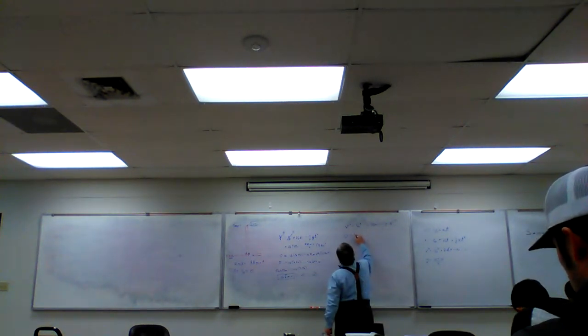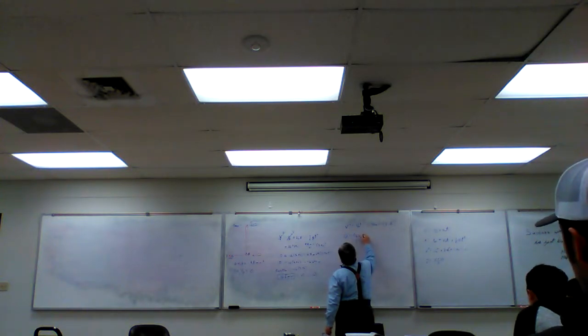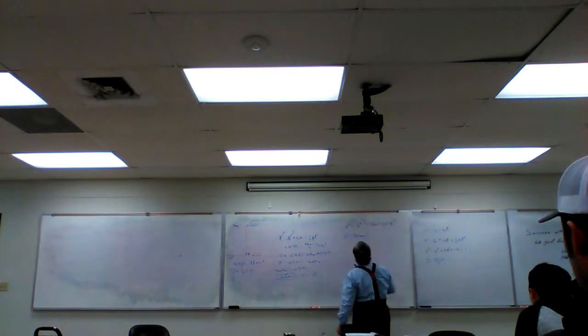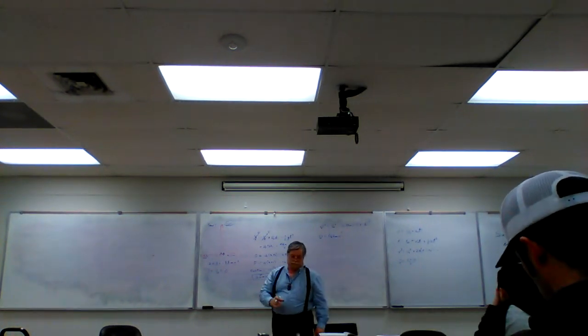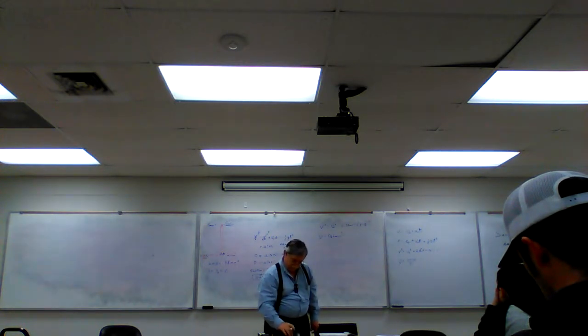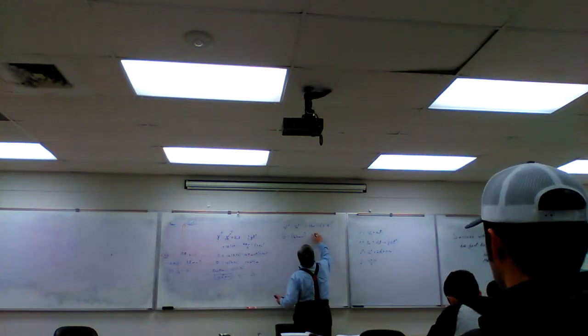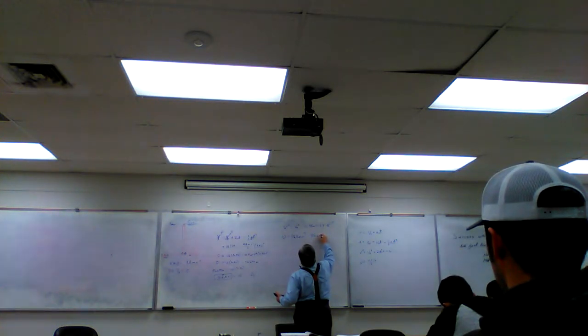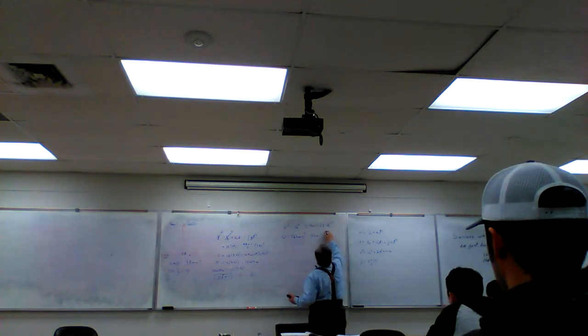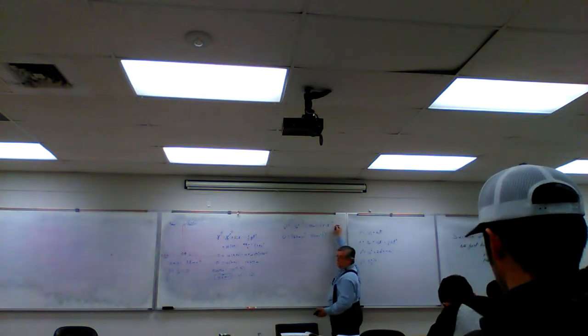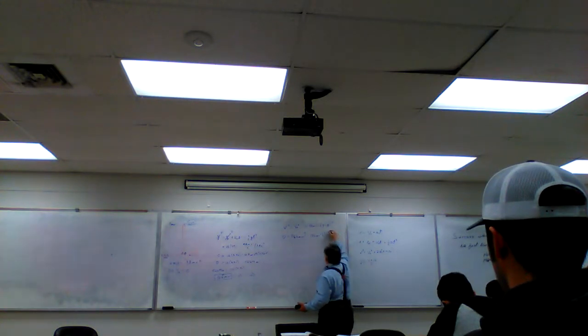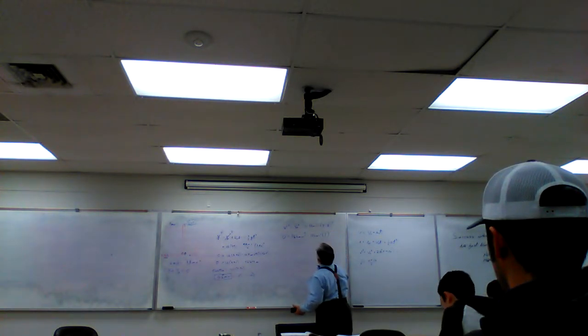The initial velocity is 16.6 repeating meters per second. Square that, minus, what's 2 times 9.8? 19.6 times Y, because Y sub 0, the initial Y, is 0, so Y minus 0 is still Y.